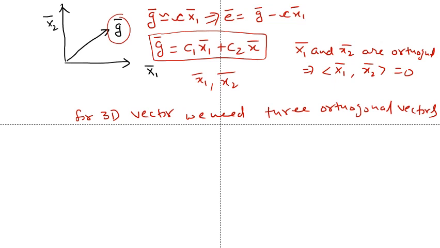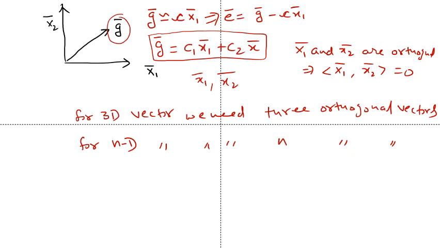So if you have an n-dimensional vector, to represent an n-dimensional vector we need n orthogonal vectors. So just keep this in mind.